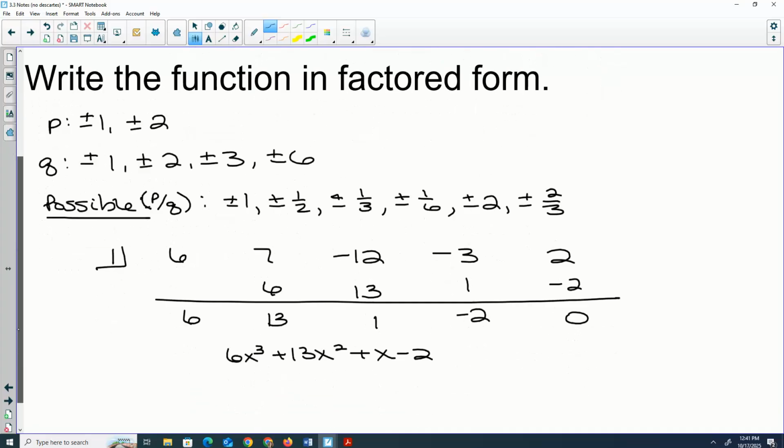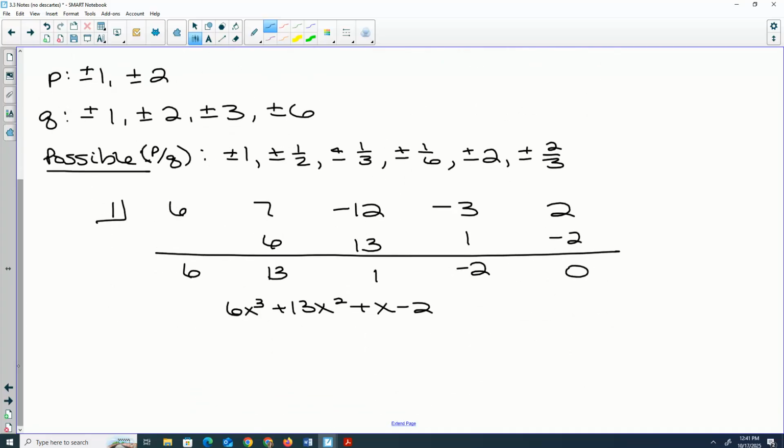So you can do a couple different things, but I think the easiest option is to take this, go back to your list of possible zeros, and plug them into this and see if they work. Now, let's be smart about it. If something didn't work the first time, will it work now? No. 1 worked the first time. It's possible it could work again, or any numbers that you haven't checked yet.